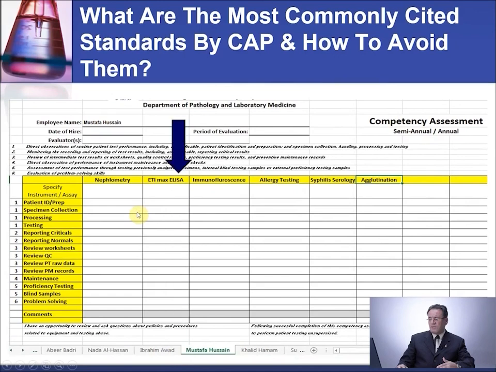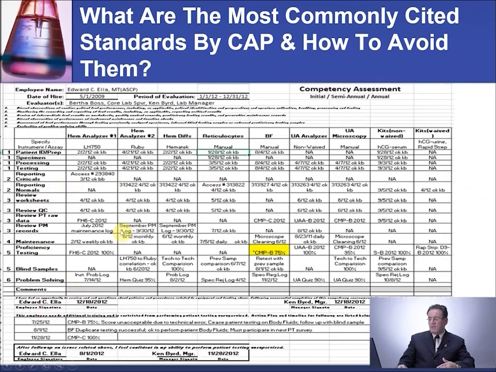This is another example, just for the immunology section. See their test systems, they include them here. This is a filled example for hematology. You can see they have 2 test systems for CBC. They have a Coulter and they have a Ruby.